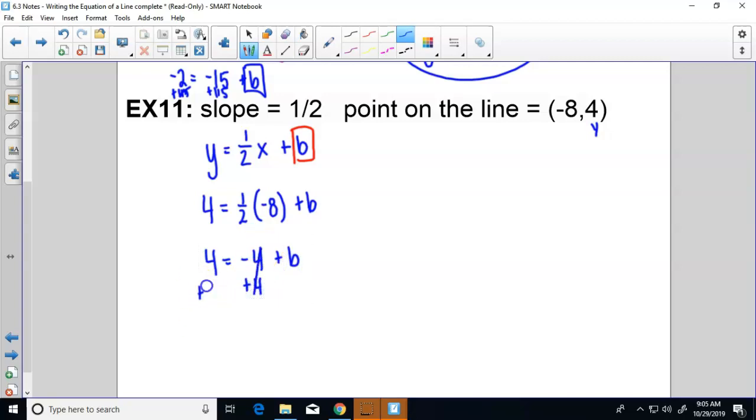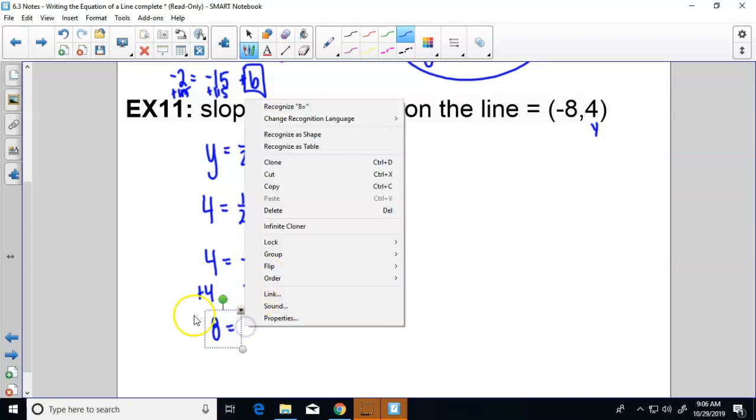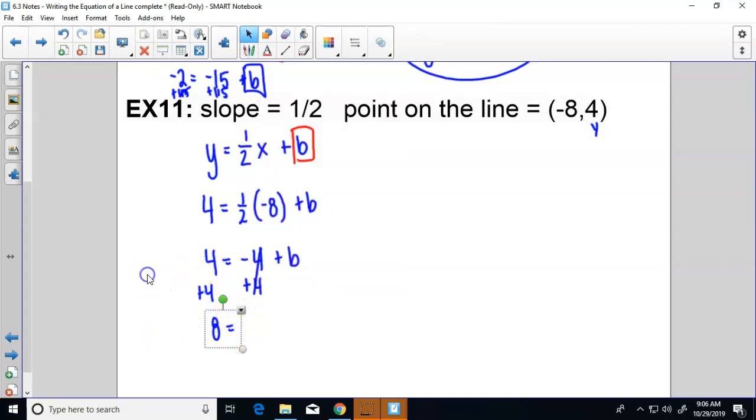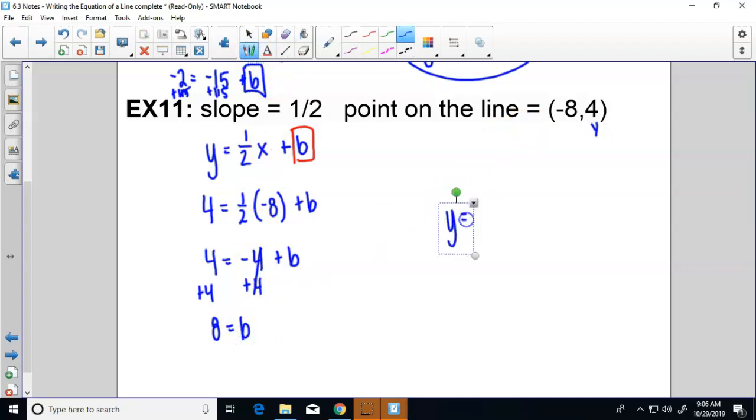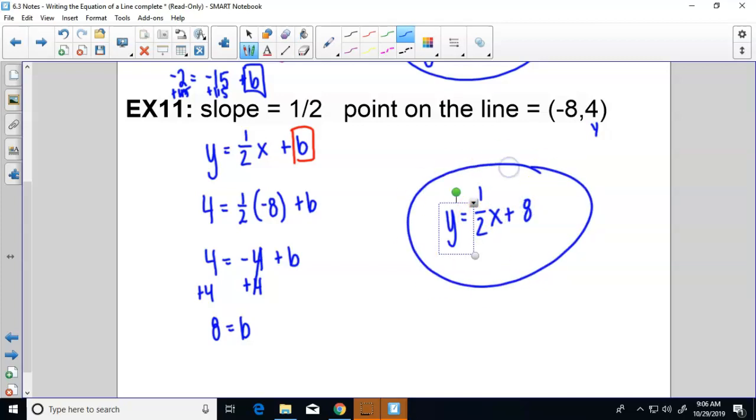Very good. So we get 8 for the y-intercept. Probably could have graphed this one. And so y equals 1/2 x plus 8 is our answer.